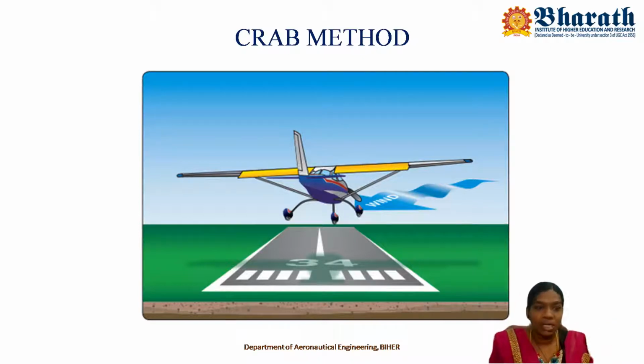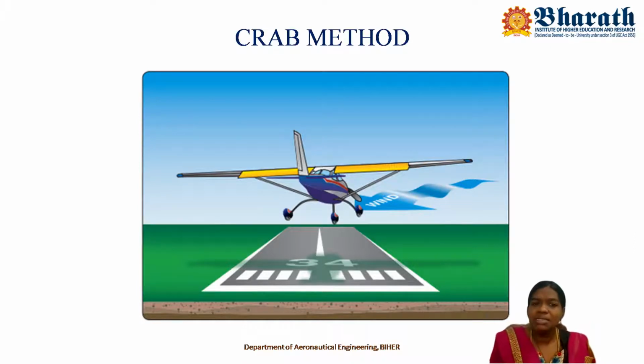When the aircraft is about to land and there is a crosswind, the pilot should point the nose into the wind. When you look into this figure, the aircraft is moving towards the wind direction. The pilot should point the nose into the wind. And you observe the wings are actually level, right? So this is called the crab for the drift correction.